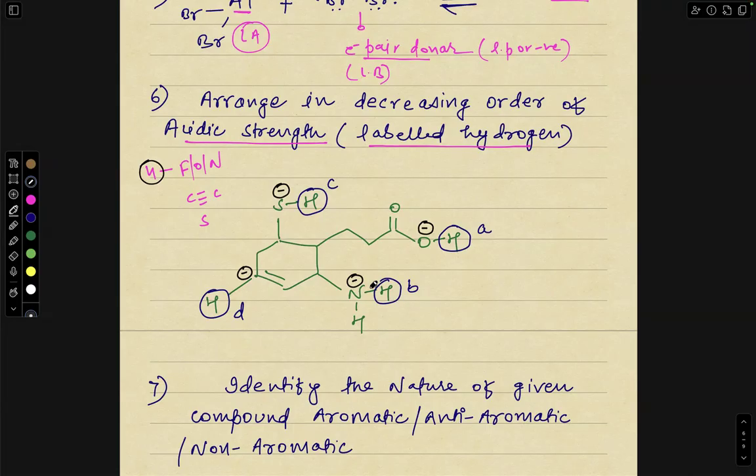Now once you remove the proton, then apply CARDIO. C stands for charge. You can see every atom is negatively charged, so charge is not the deciding factor. Make sense?